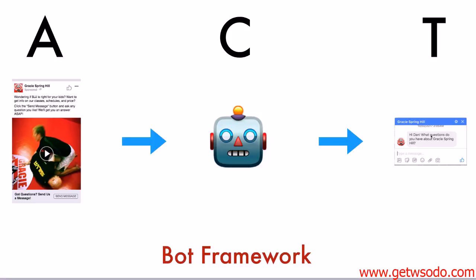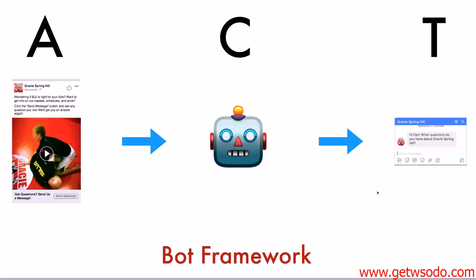For instance, you could take people to a chatbot, ask them a few questions about their health, and then notify an admin at the gym: hey, somebody's mentioned that they want to come into the gym, please answer them. Then they go into this messenger box and talk with the client or the prospect, and they get them to come into the gym.